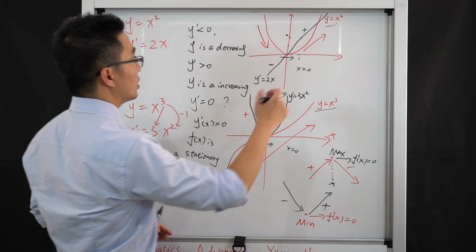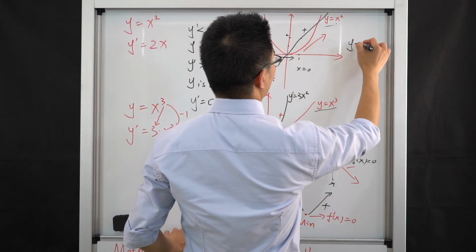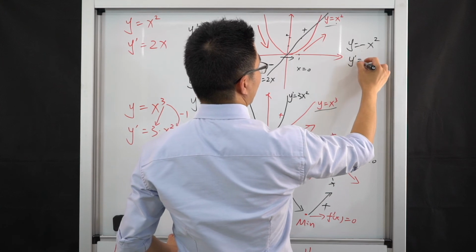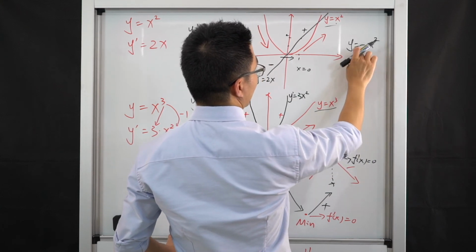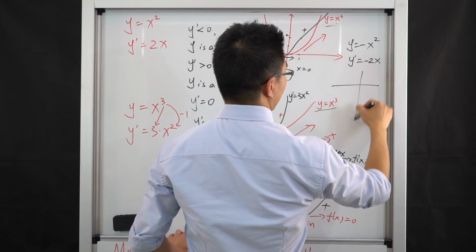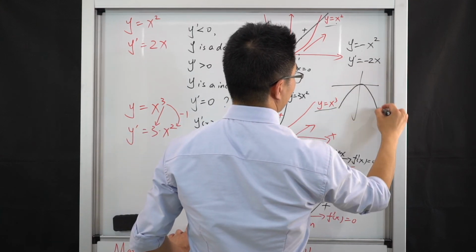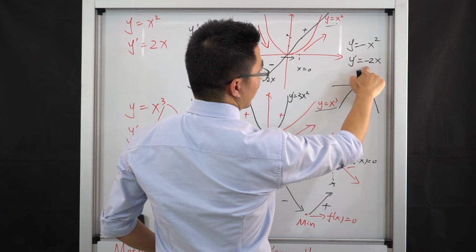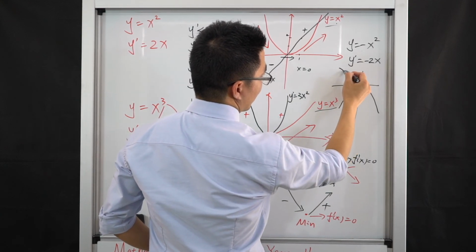If the function is, for example, y equal to negative x squared, then y dash would be equal to negative 2x. Then the function will look like this, right? Since the gradient of this function is negative 2x, it will look like this.